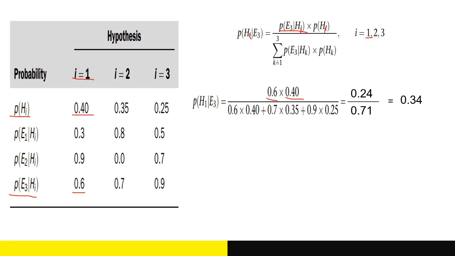So the sum from k equals 1 up to 3 of the probabilities.